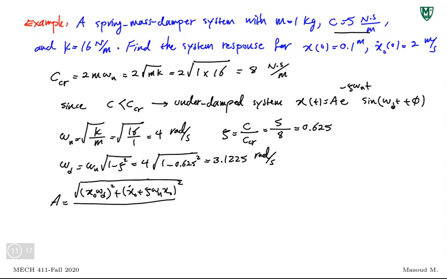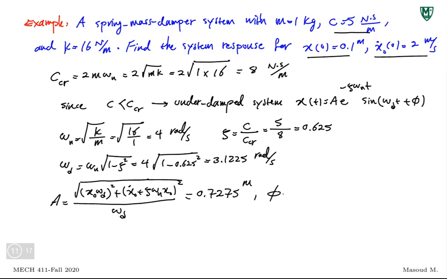All divided by omega d. Let me double check I put the equation right. Yeah. If you plug in, you know what x naught is, you know what x naught dot is, you know the values of omega d and zeta, you'll get 0.7275 meter.